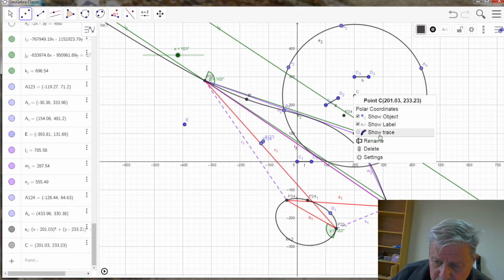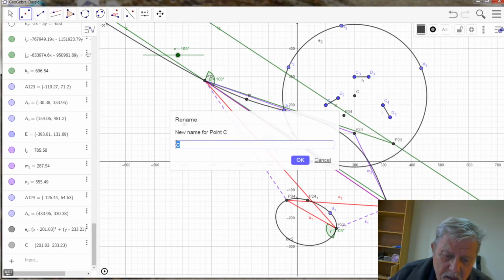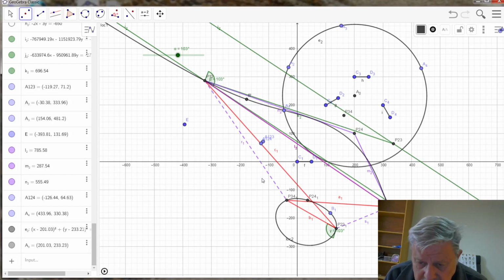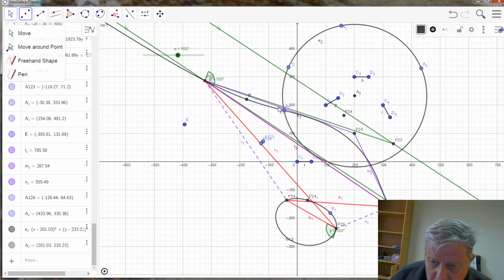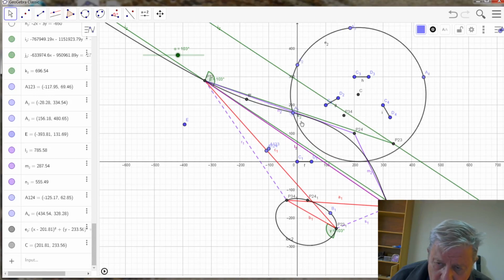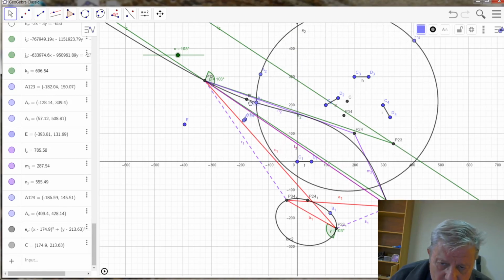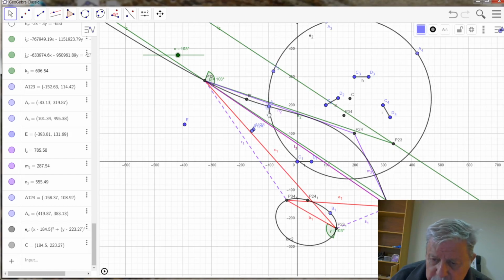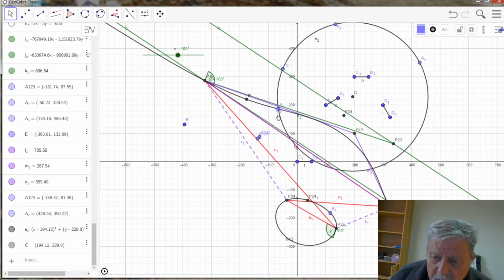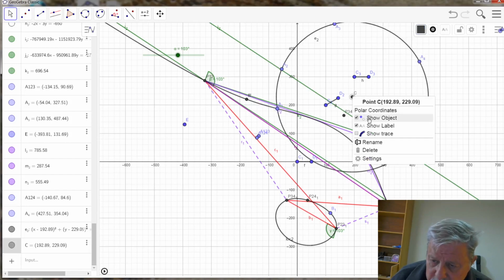This point is going to be A0. Now I can attach, where's my point here? I can select all kinds of points. Okay. Now I will call this point A0.